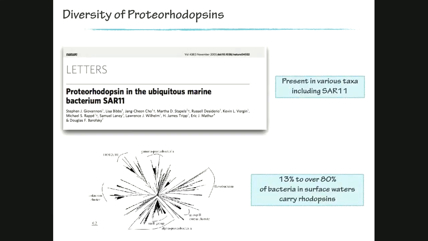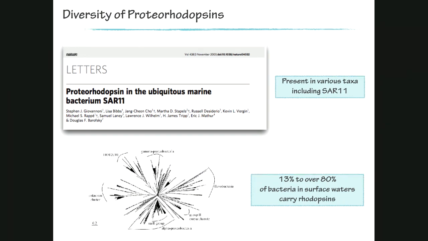As I said before, it was thought to be something anecdotal, but with time and multiple studies, it has been seen that depending on the environment, whether the open ocean, the coastal ocean, or different regions, between 13% and over 80% of bacteria in surface waters actually carry these proteorhodopsins.